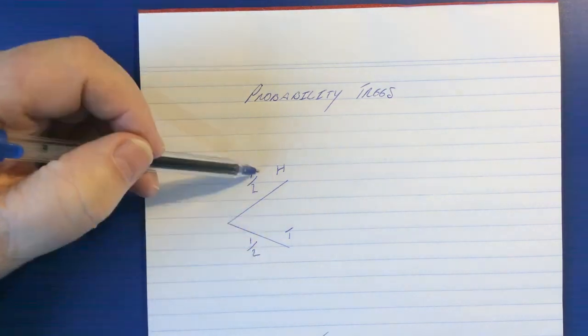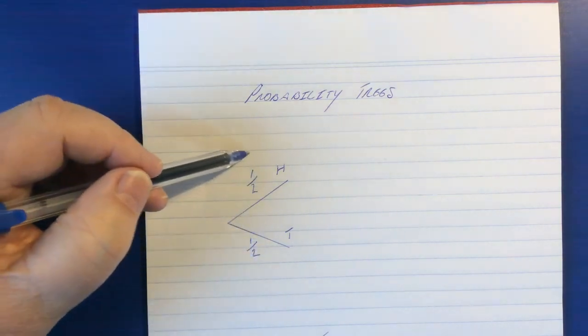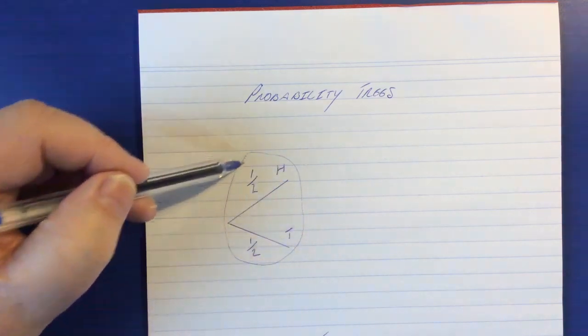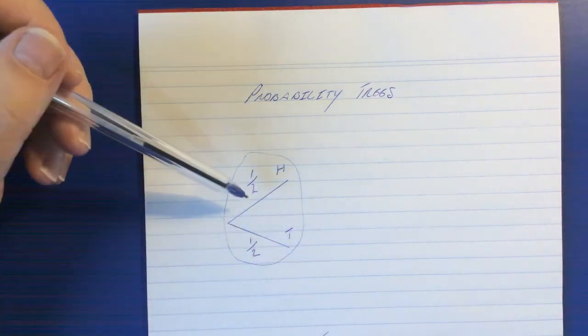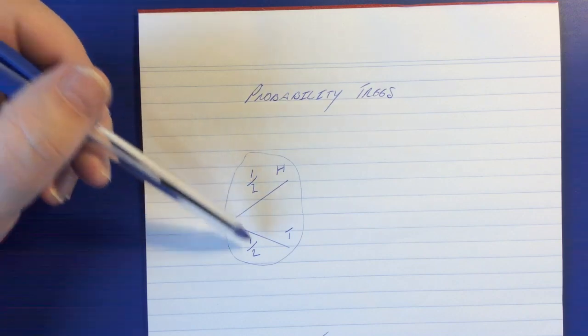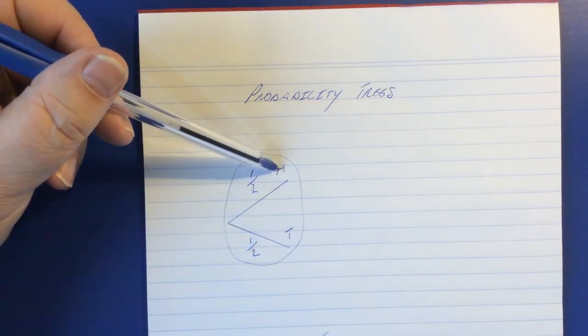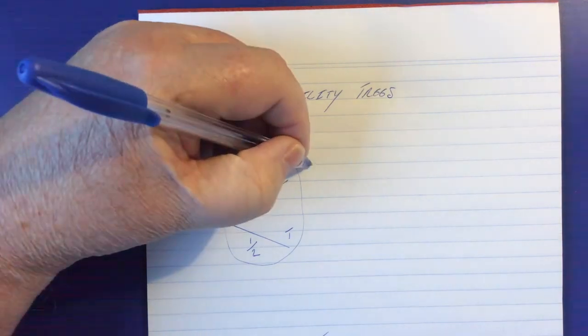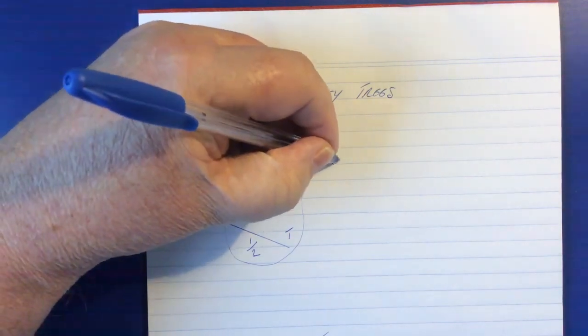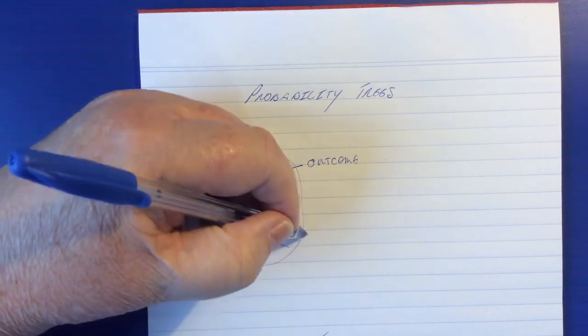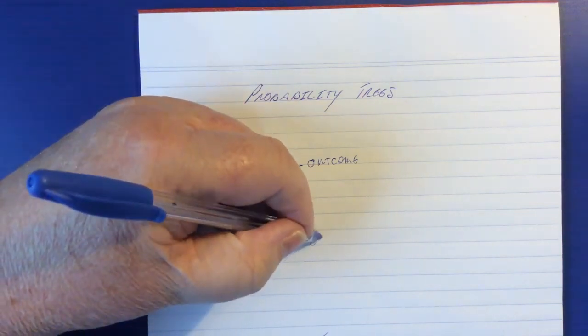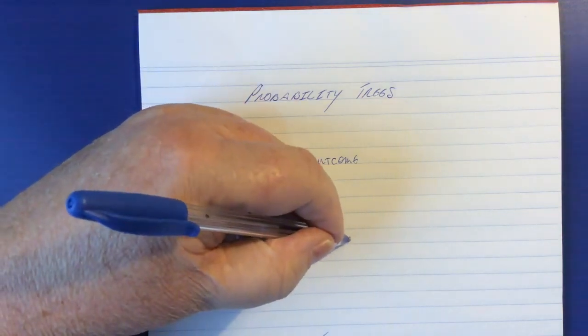And these probabilities for this event, which is what it's called, the total probabilities add to 1. Getting a head is called an outcome, just as getting a tail would be. That would be an outcome.